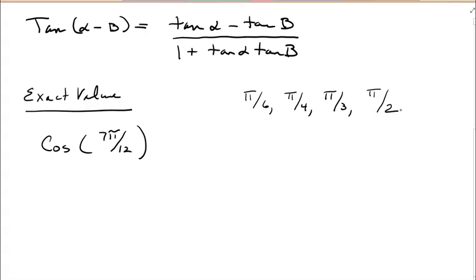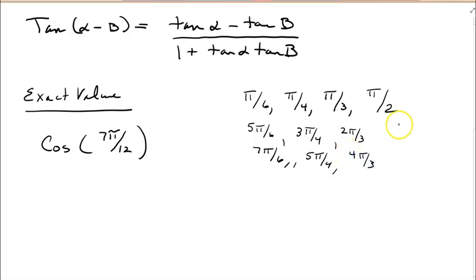And then any angle that has a reference angle. So what do I mean by that? Well, 5 pi over 6, 7 pi over 6, right? 3 pi over 4, 5 pi over 4, 2 pi over 3, 4 pi over 3, and so on, 3 pi over 2.